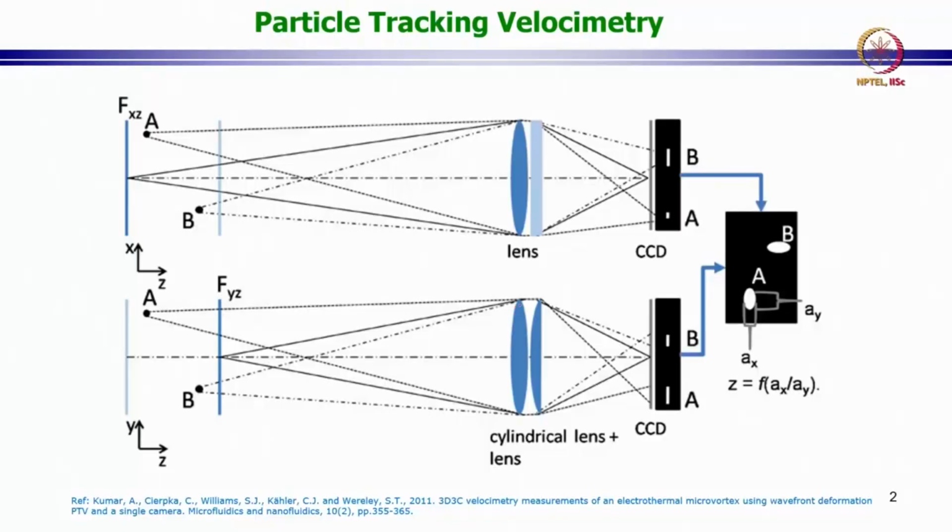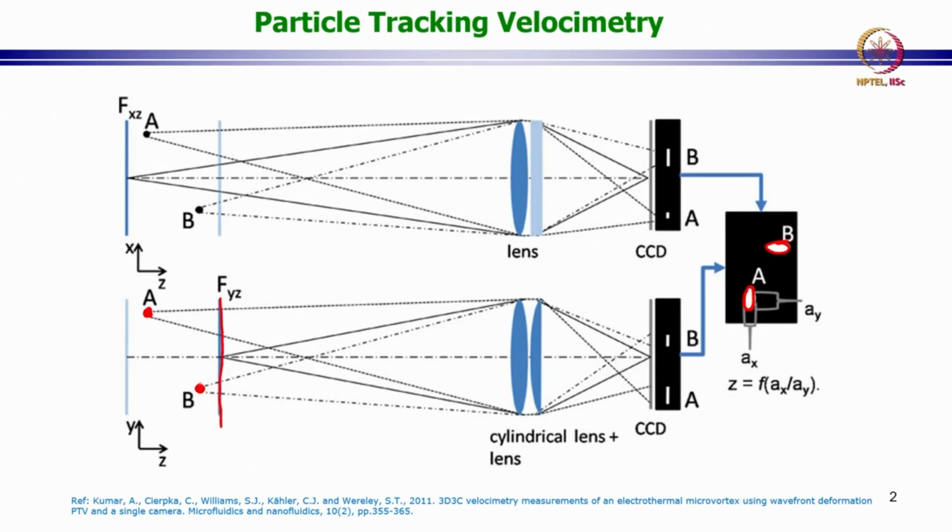experimental box, we have a lens and a cylindrical lens that have been put together, and because of that the particles, which are nice spheres, when they are imaged on the image plane, actually look like ellipses. So what happens is, this is, let us say, the focal plane.